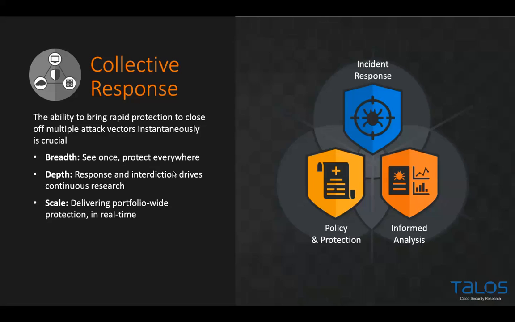And then we don't want to just deploy it in one spot. If it came in through email, we want to make sure we block that everywhere on all the different security products that we have. So we want to send information on IOCs to web, to the endpoint, to the firewall with new rules, DNS, Umbrella. We want to be able to protect against new domains that we want to block, new IPs.